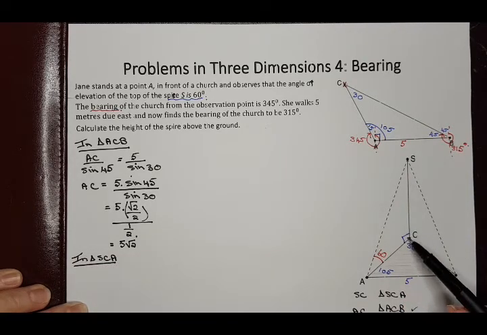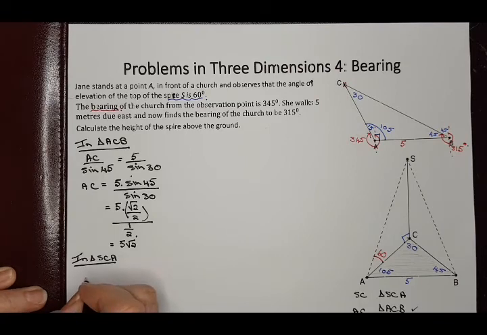Triangle SCA is a right angle triangle. I know my adjacent. I want to work out my opposite. So I'm going to say that tan of 60 degrees is SC, the thing I'm looking for, over AC.